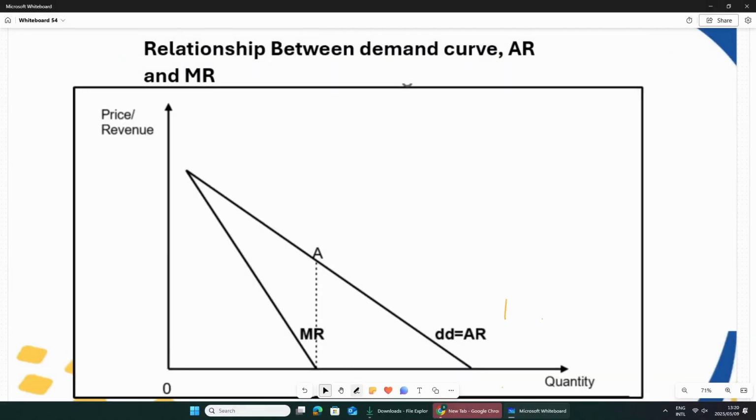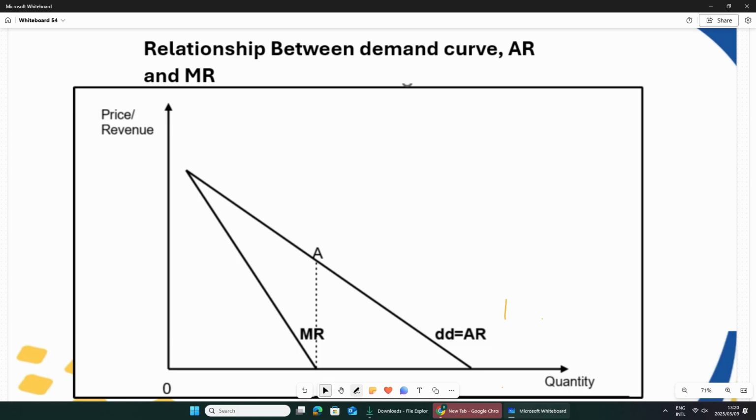We're going to look at the relationship between the demand curve, average revenue, and marginal revenue. Unlike in perfect markets, the demand curve for a monopoly is downward sloping from left to right, and it shows an inelastic demand curve.